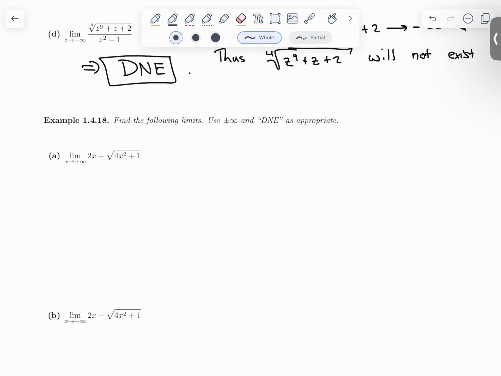I guarantee you if you plug in 10 billion, they're going to be roughly the same number. So we have to think outside the box. I'm going to claim that it's probably going to be 0, but I need to verify that. I can't just claim that infinity minus infinity is 0.